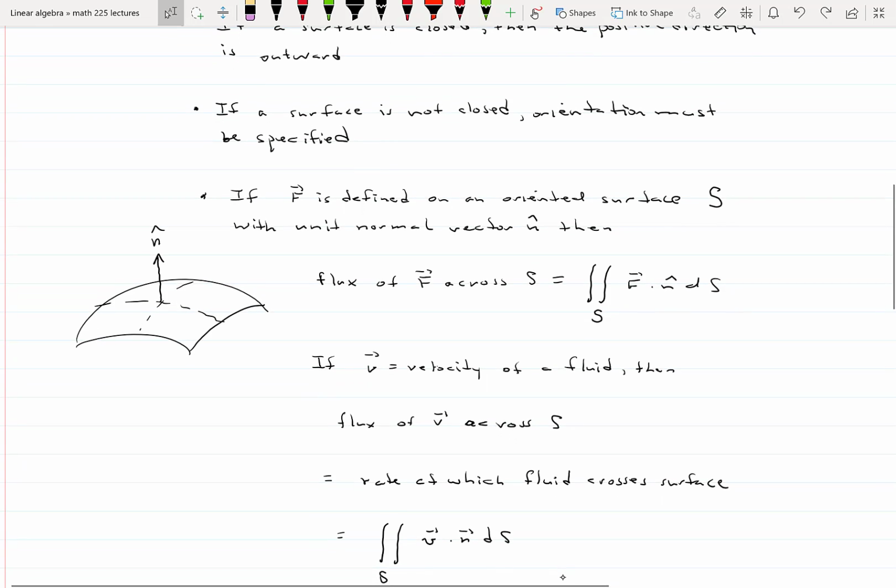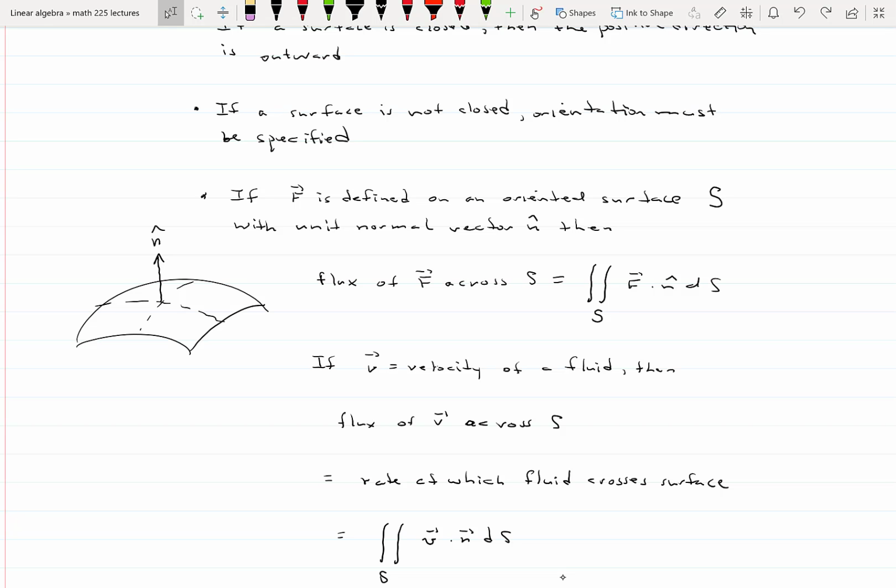Also, if we have a vector field F defined on an oriented surface, I've pictured an umbrella-shaped surface off to the left there, then we have something called the flux of F across S, given by the surface integral of F dot n dS, a very, very important quantity.